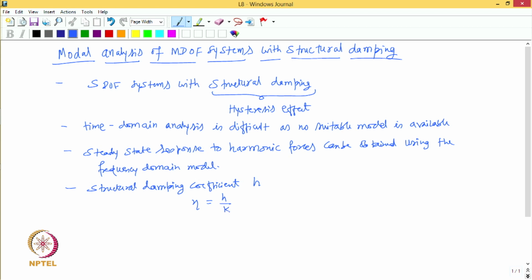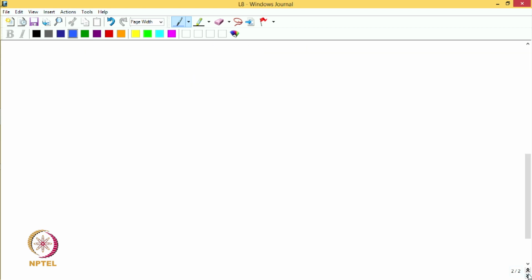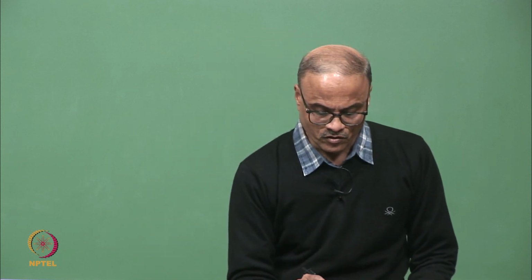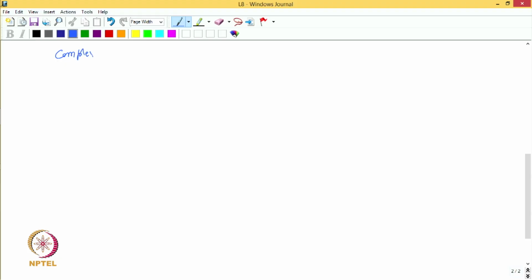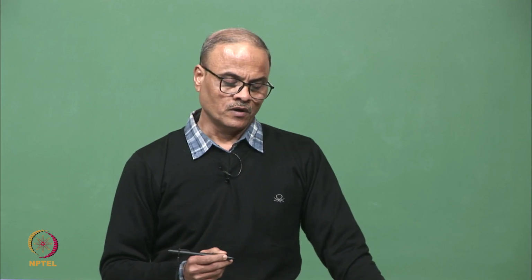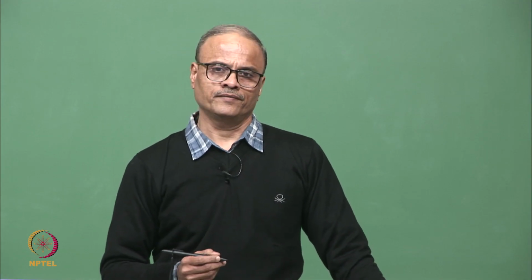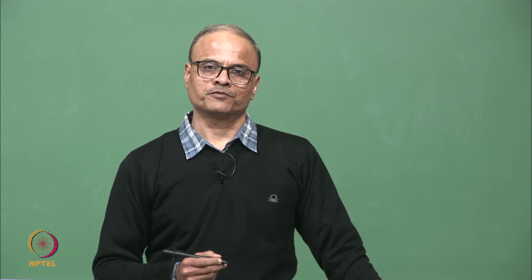For a single degree of freedom system we also defined the complex stiffness, equal to the stiffness K plus iH. This complex stiffness quantified the combined resistance of elasticity and damping to any displacement.